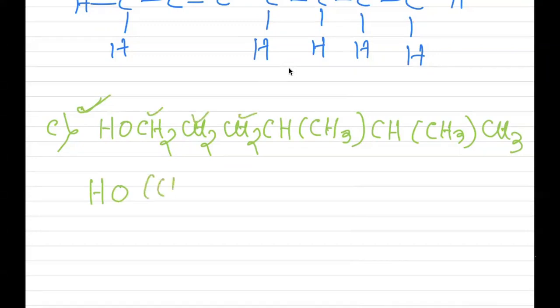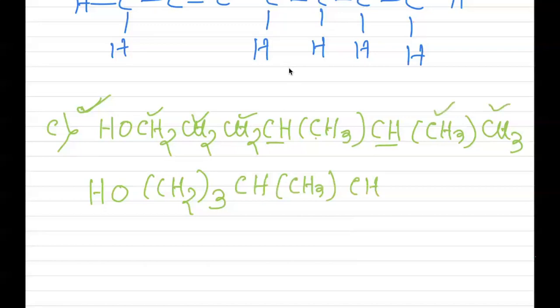So we can write (CH2)3. Then CH, then this CH3, then this one. Then how many CH2 are there? 1, 2. So we can write (CH2)2. We can represent the above formula like this, or not? Yes, ma'am.